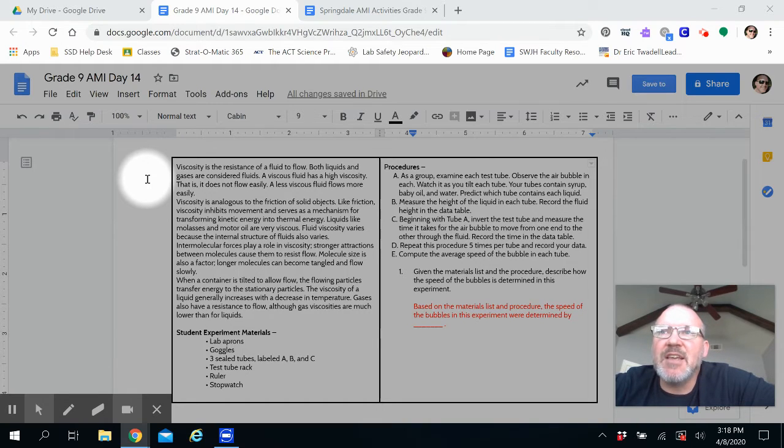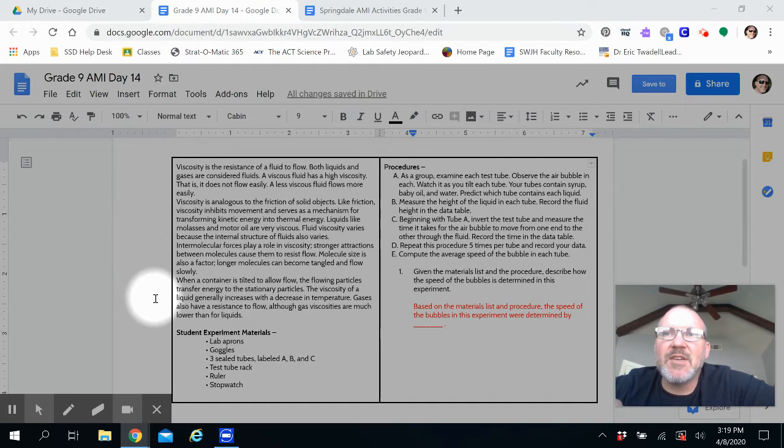Fluid viscosity varies because the internal structure of fluids also varies. Intermolecular forces play a role in viscosity. Stronger attractions between molecules cause them to resist flow. Molecule size is also a factor. Longer molecules can become tangled and flow slowly.